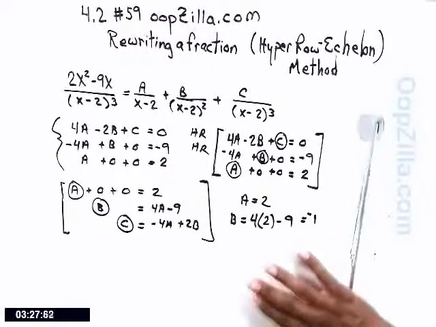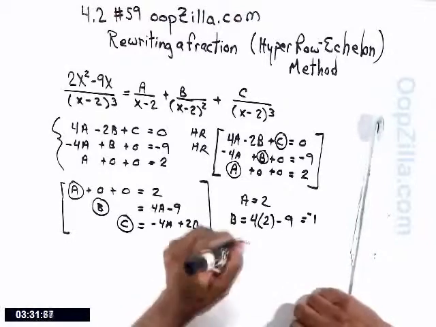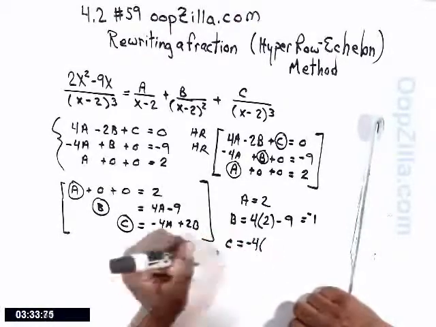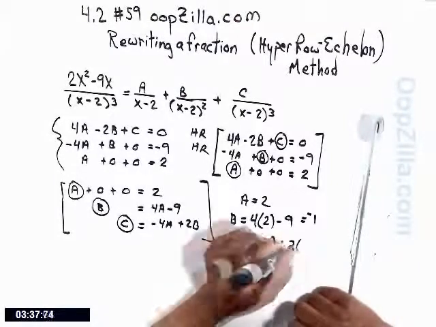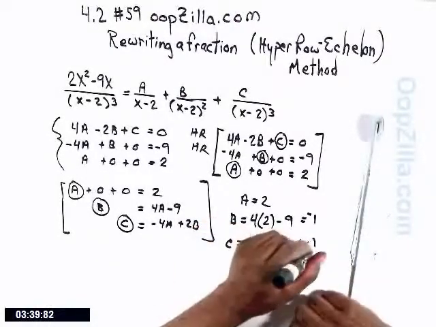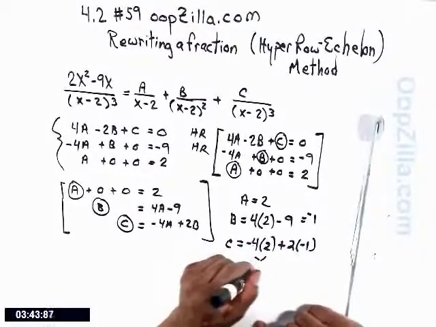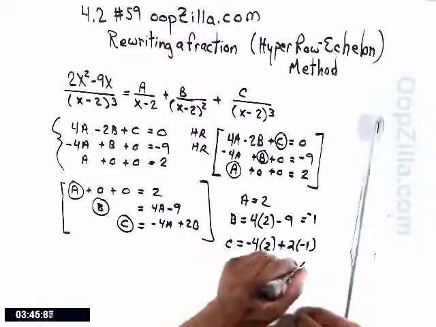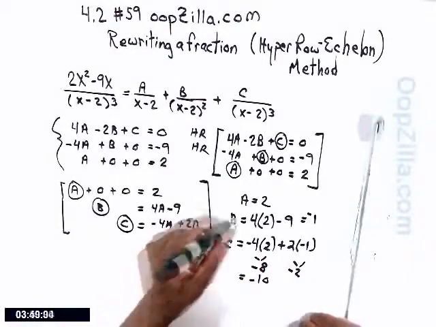Now I have A and B, so I can solve for C. C is equal to minus 4 times A, and A is 2, plus 2 times B, and B is negative 1. Together, I'm going to have negative 8 and negative 2, which together are negative 10. So I found A, B, and C.